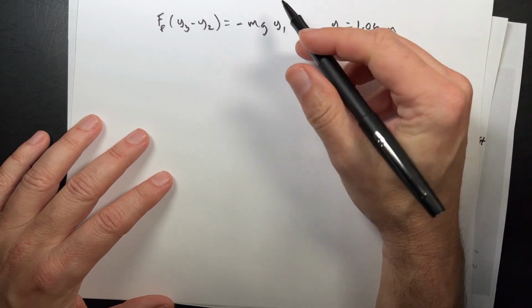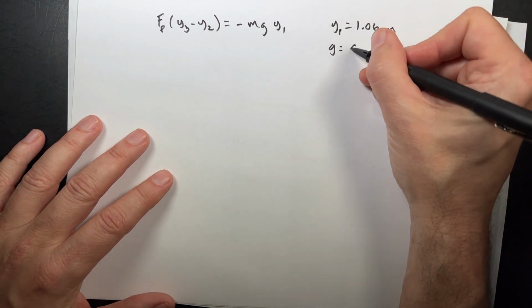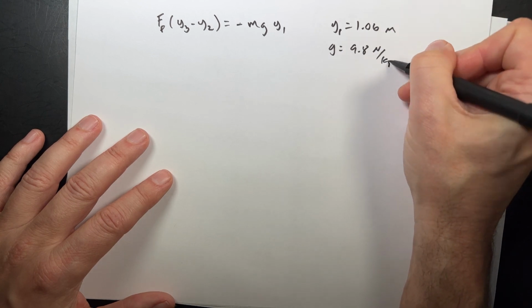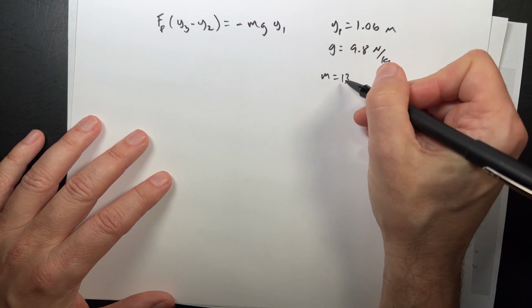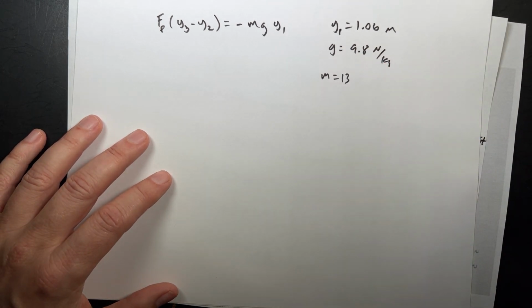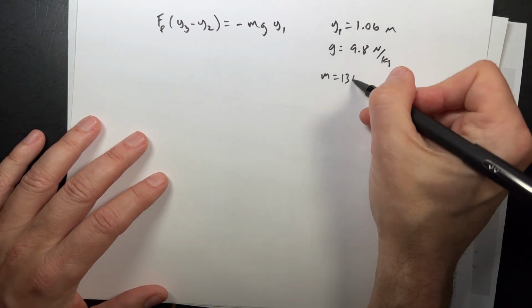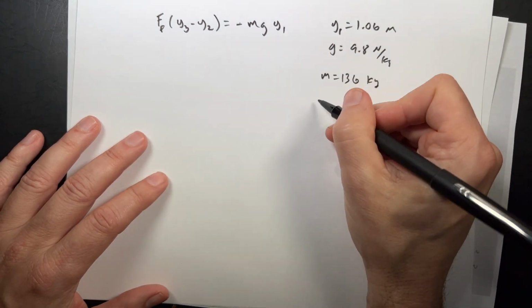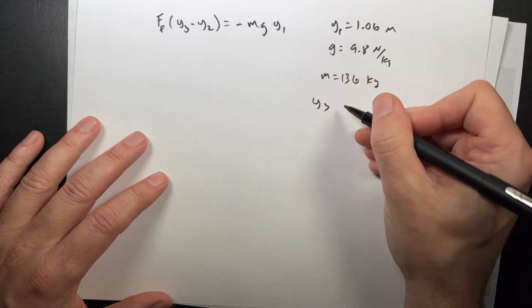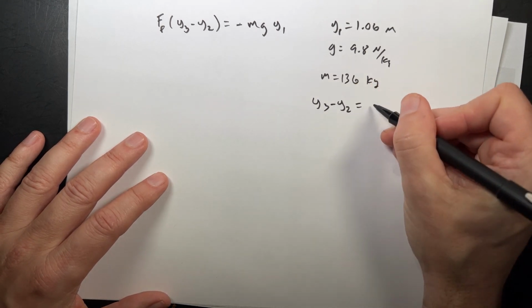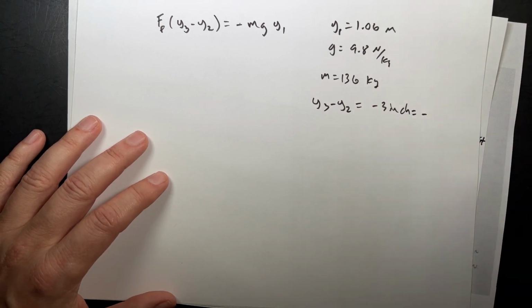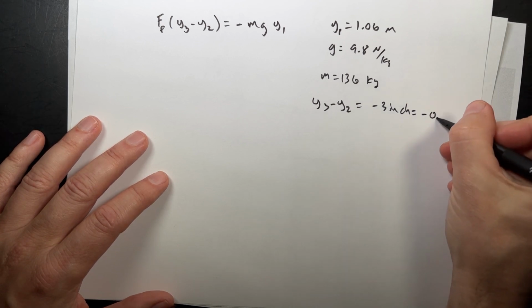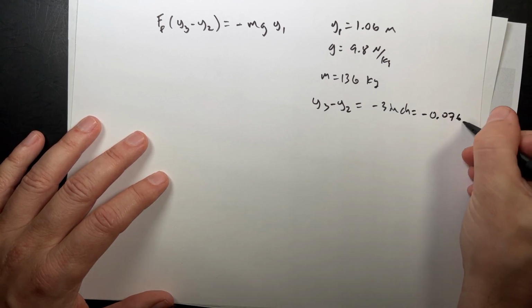g is the magnitude of the gravitational field, so that's 9.8 newtons per kilogram. The mass, if you use both people, they use 136 kilograms, the two people. y3 is going to be, well, it doesn't really matter. y3 minus y2 is negative 3 inches, which is negative 0.76 meters.